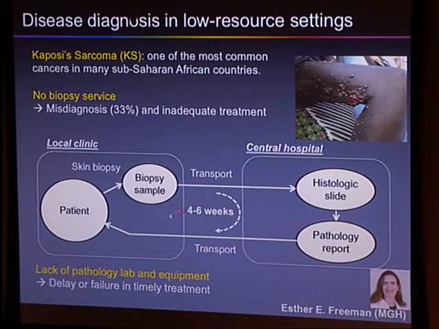In this scenario, the patient comes to the clinic, and we take a biopsy, and then the biopsy sample goes to the central hospital and gets processed as a histologic slide. The doctor takes a look at it, generates the pathology report, and it comes back to the patient. This whole process takes about 4 to 6 weeks.